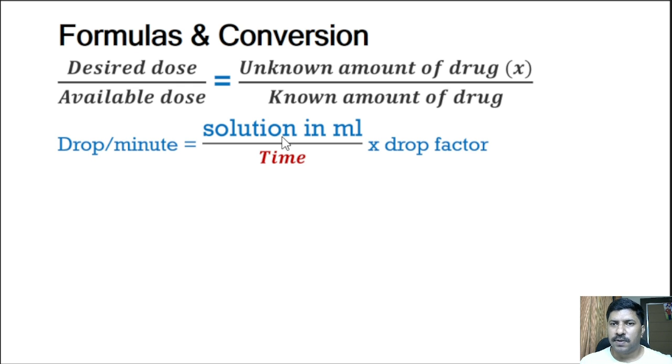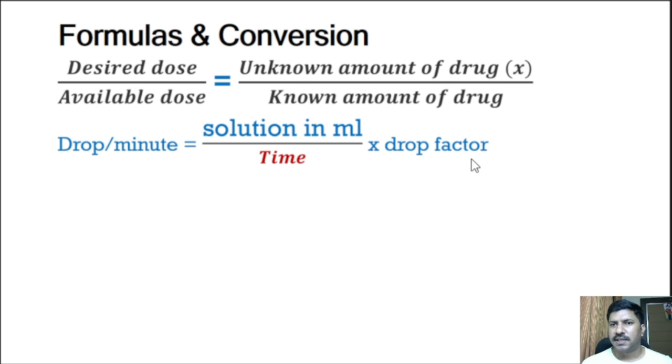First is the solution required to infuse or administer, divided by time in minutes, multiplied by drop factor. Drop factor may be 15, 20, or 60, based on the infusion set, the IV set. For a usual set, it is 15 or 20.